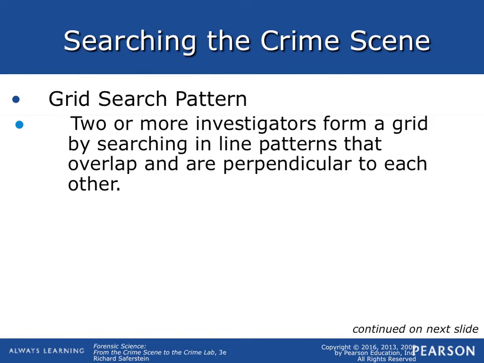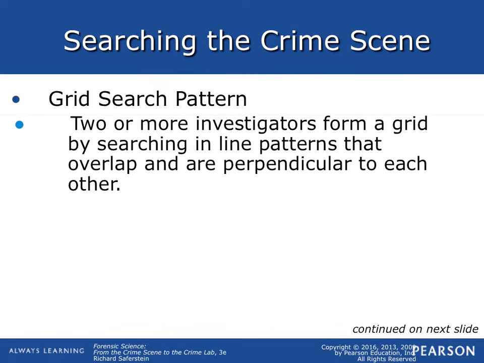But what you do here is you have one investigator, or groups of investigators, starting at one boundary, and then at a 90-degree angle, you have another investigator or investigators start, and you literally perform essentially individual strips at 90 degrees apart from each other.